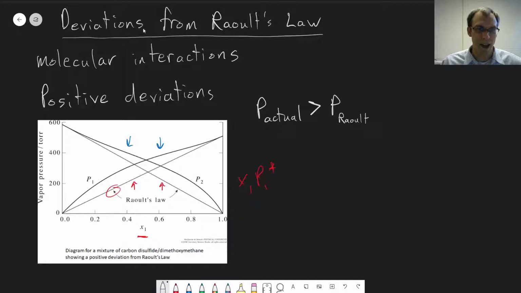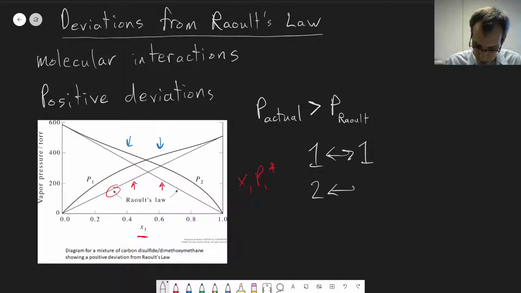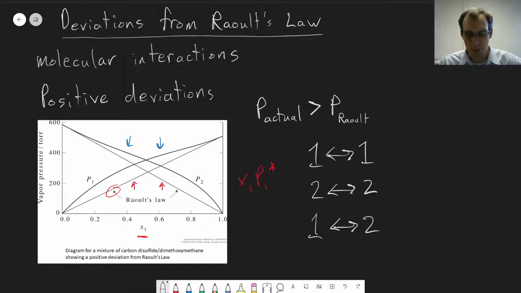Now, why is this happening? Let's think about what this tells us about our interactions between our different molecules. And so for a positive deviation from Raoult's law, let's think about our interactions between 1 and 1, 2 and 2, right? The molecules interacting with itself versus molecules interacting with unlike components, the 1 and 2. In Raoult's law, we assume ideal solution behavior.